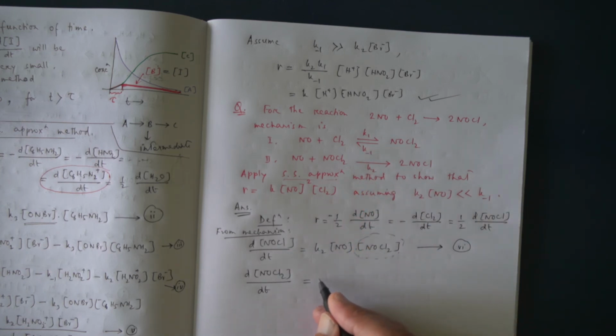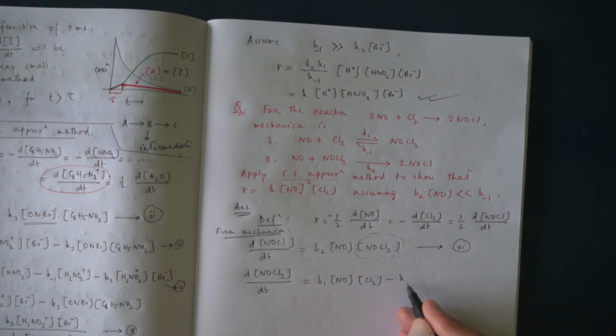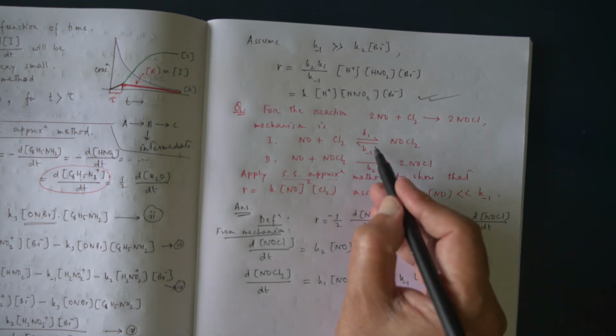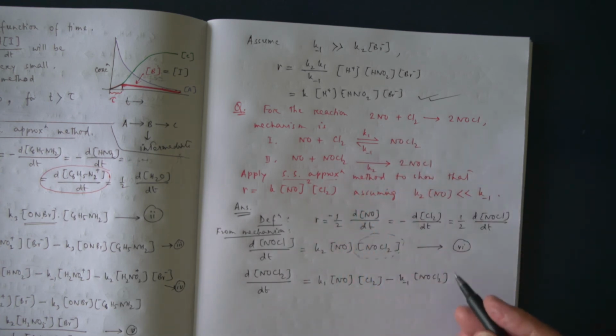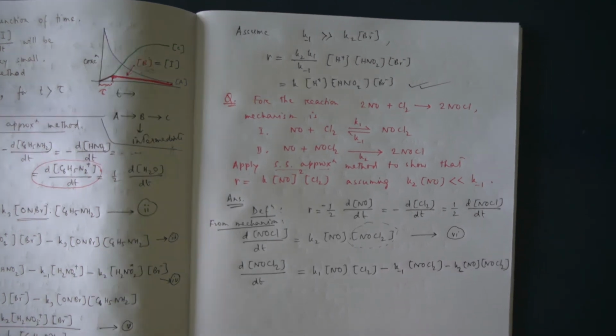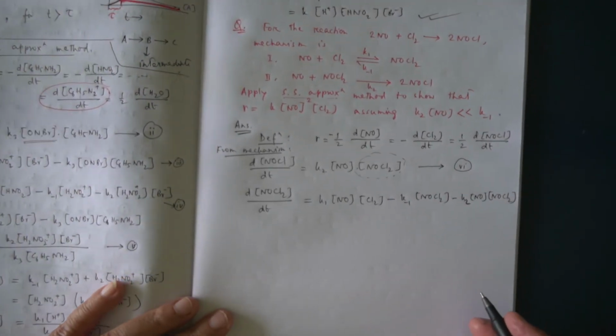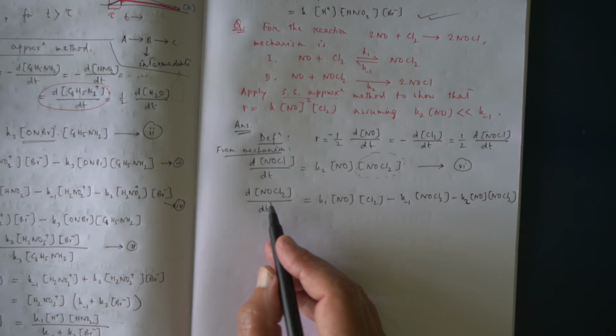So this will be equal to K1[NO][Cl2] minus K-1[NOCl2], because in the backward direction the reactant is NOCl2, then minus K2[NO][NOCl2]. Alright, now the steady state approximation method.